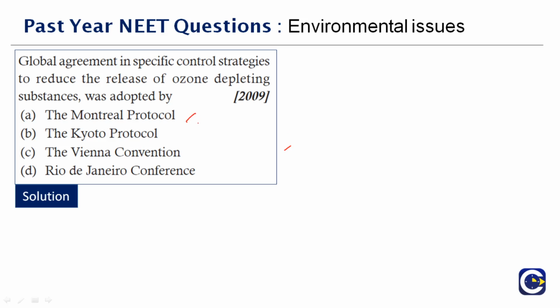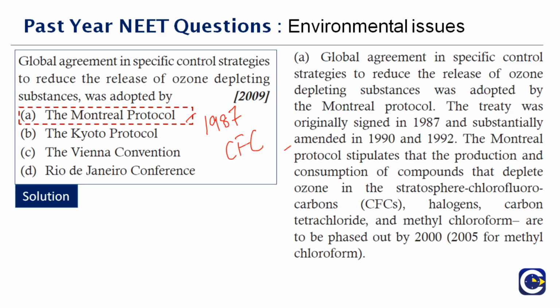The treaty was originally signed in the year 1987 and substantially amended in 1990 and 1992. The Montreal Protocol stipulates that the production and the consumption of the compounds that deplete the ozone in the stratosphere, predominantly CFCs, halogens, carbon tetrachloride and methyl chloroform, are to be phased out by 2000, which is 2005 for methyl chloroform. Therefore, the right answer to this question is option A.